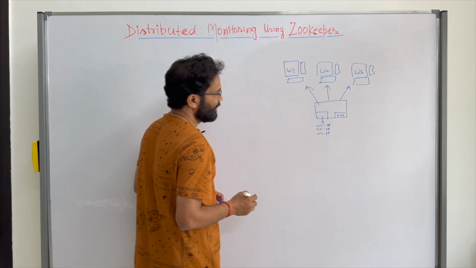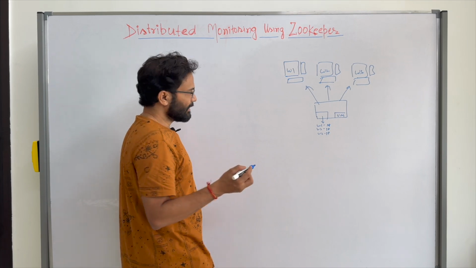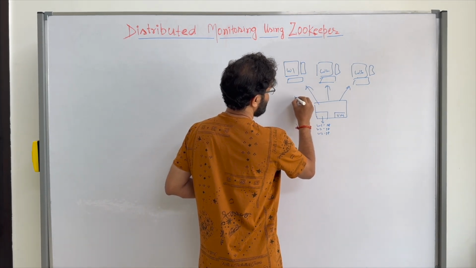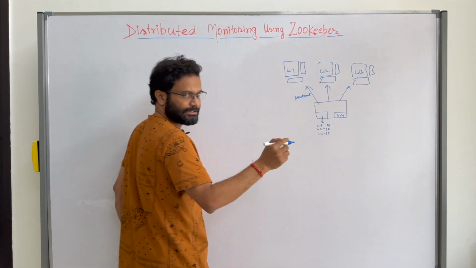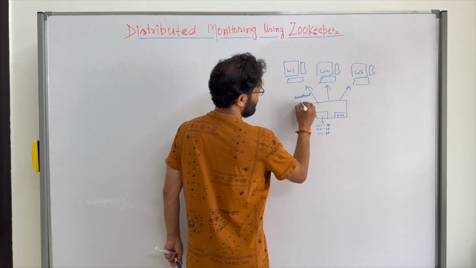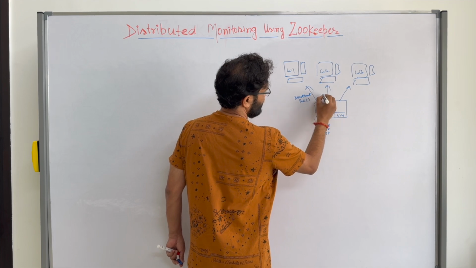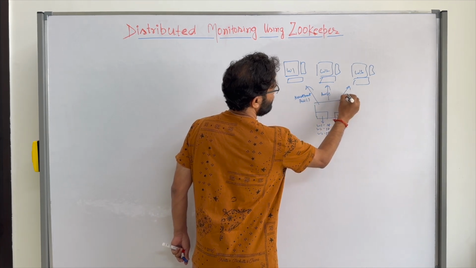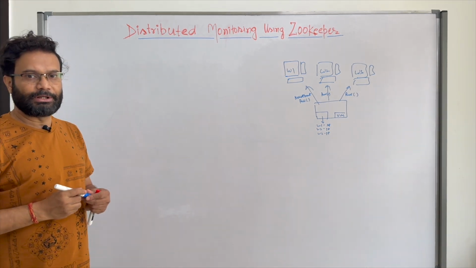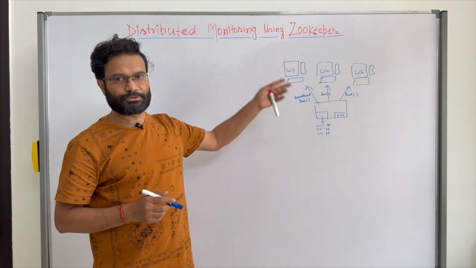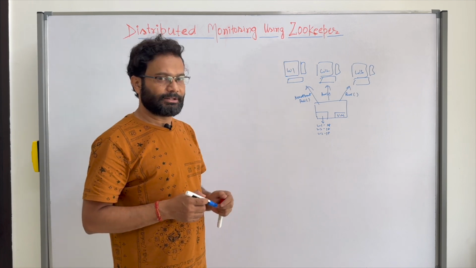And then at a certain interval of time, you have to check the heartbeat of each worker node with the help of a pull mechanism. So you will pull at some interval, suppose 2 seconds or 5 seconds, and get the information.